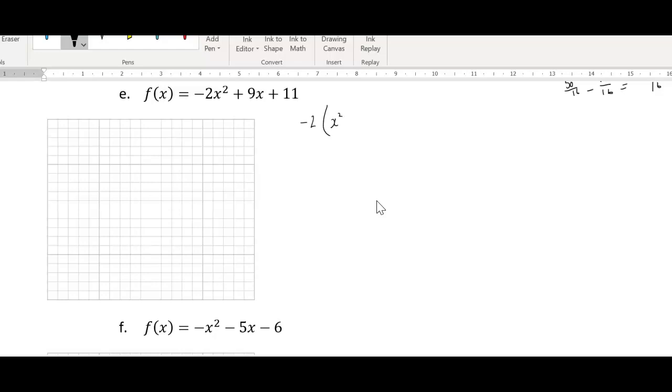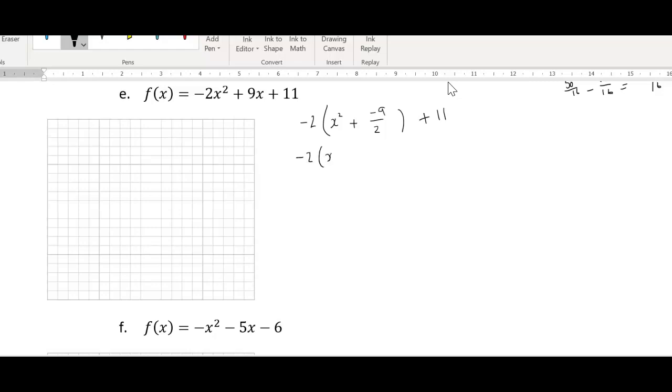This is if you want to complete the square. When you're doing the 9 over x, however, because we're taking the negative 2 out as a common factor, we will just write the coefficient of x as negative 9 on 2. That just means when we multiply through by that negative 2, we're left with the positive 9. And then we can just have the plus 11 on the end. So I might just tidy this up a little bit.